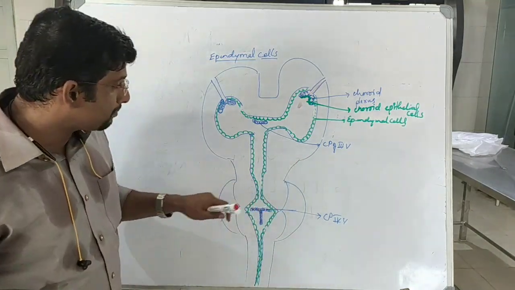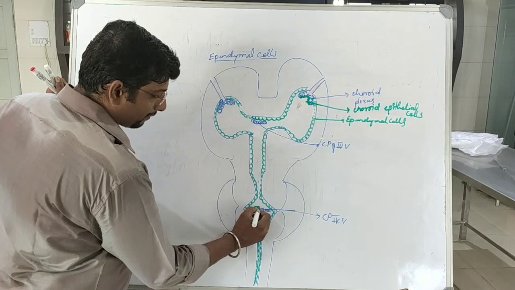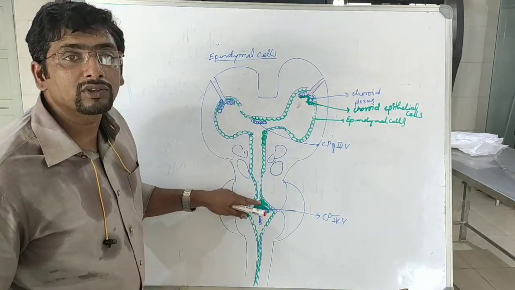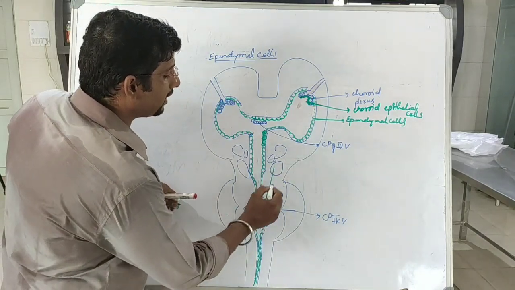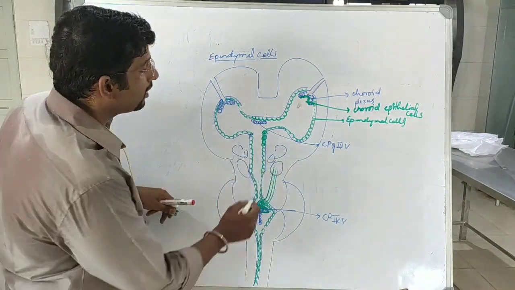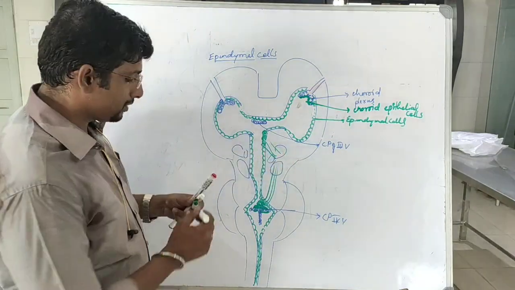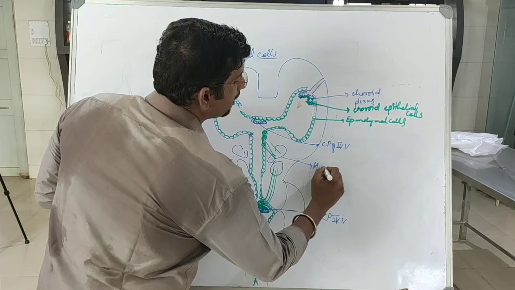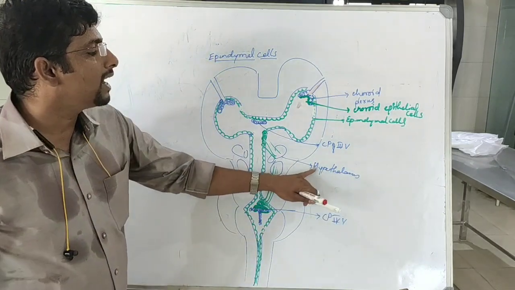Another variety is present in the third ventricle and fourth ventricle. Some ependymal cells are there, and on the floor of the fourth ventricle some ependymal cells are there. They have long processes, and they get connected with the hypothalamus.